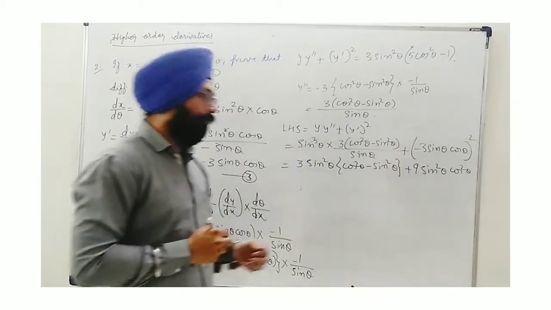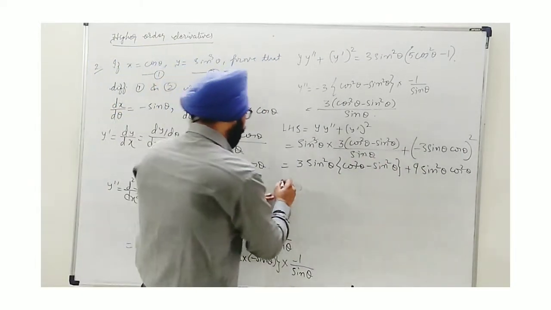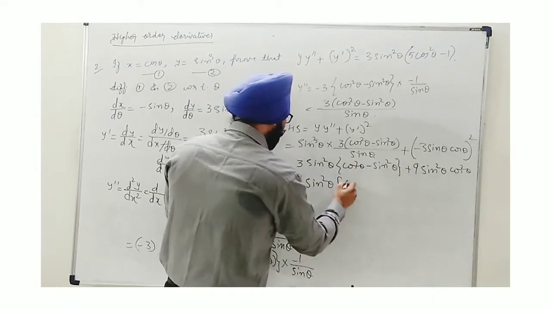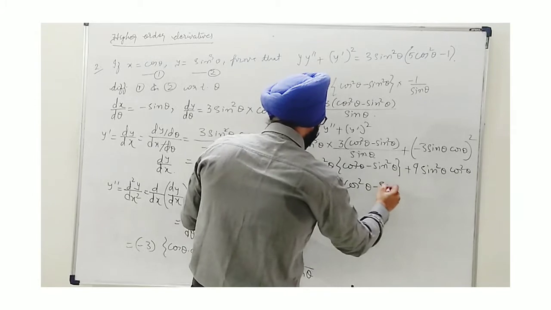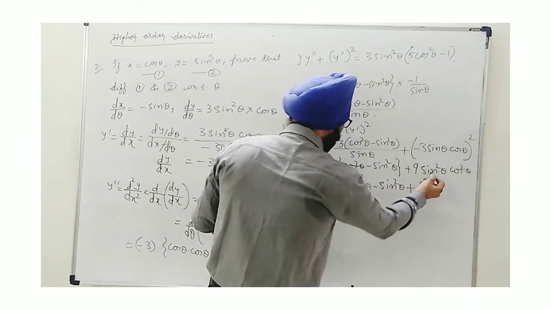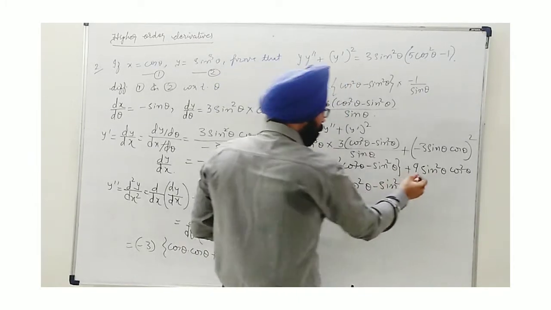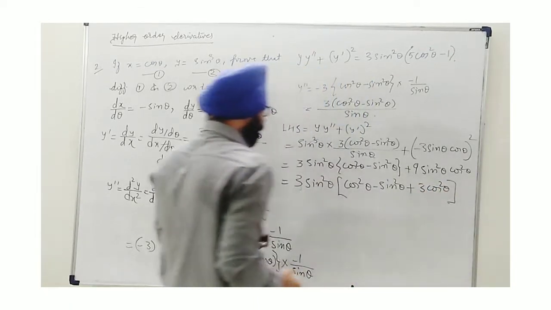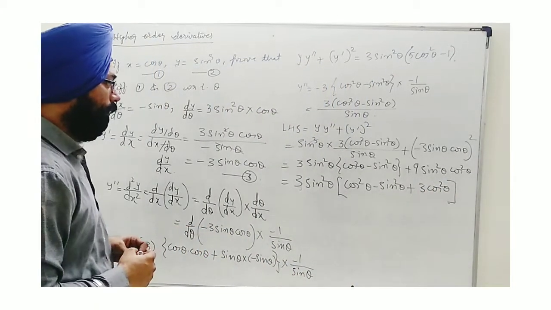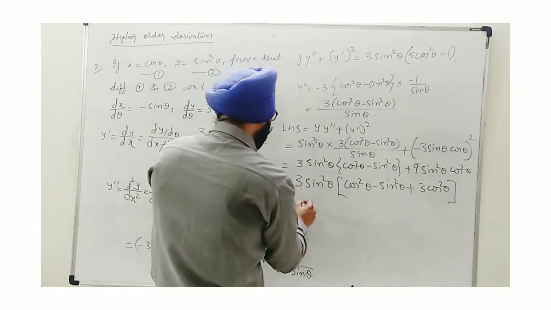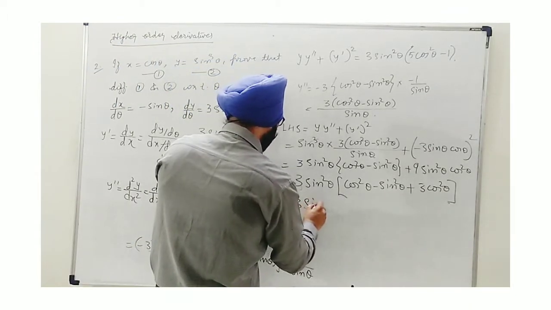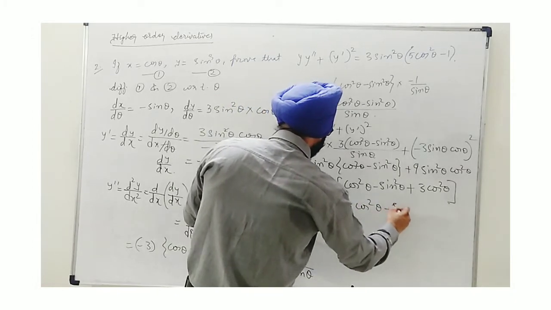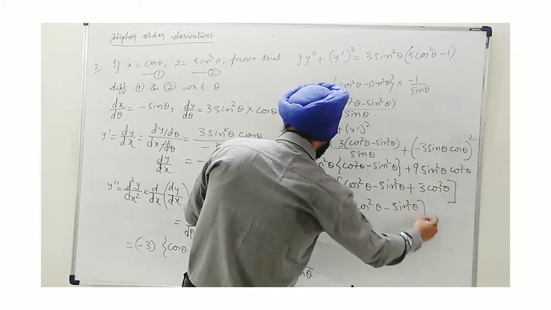From two terms, thrice of sin square theta is common, so we will get thrice sin square theta common outside the bracket. We are left with cos square theta minus sin square theta plus, from here as 3 has gone out, we are left with 3 cos square theta. So we get 3 sin square theta, 4 cos square theta minus sin square theta.